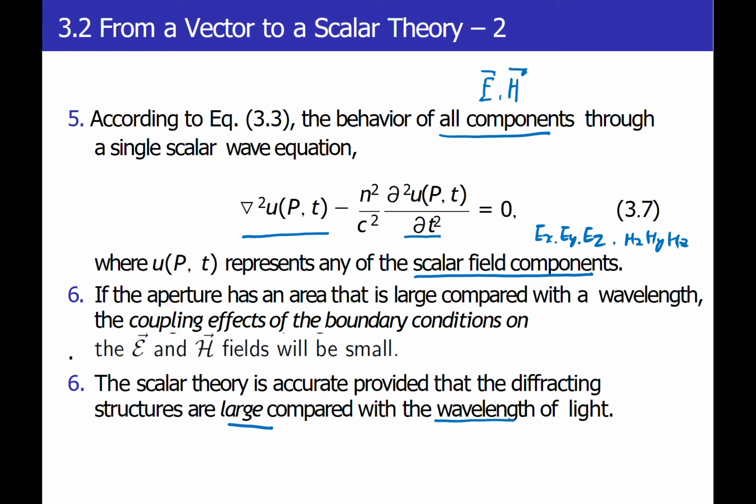So what we are going to do is replace the vector quantity by this u. This vector is changed into u, and once you know u by solving this wave equation, then we can find E and H. So this is the starting point of so-called scalar diffraction theory.